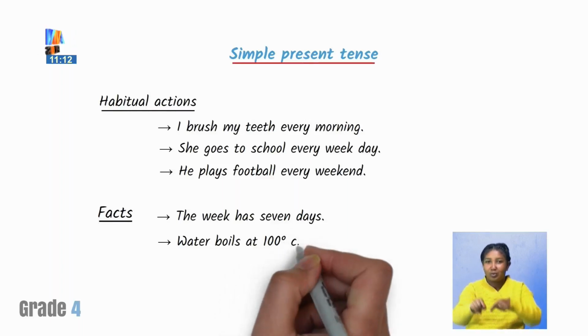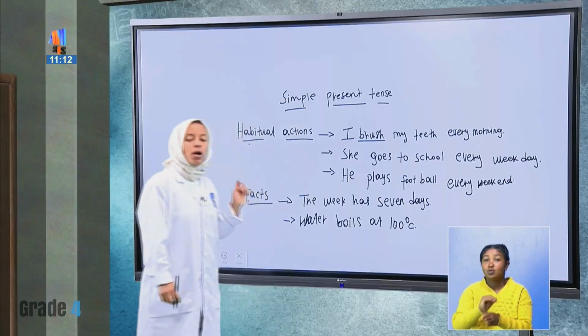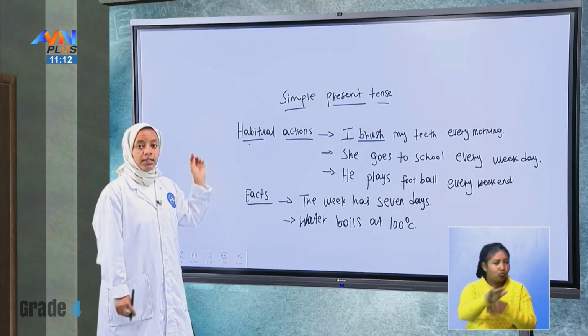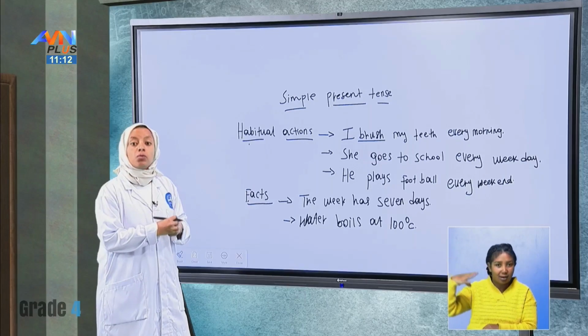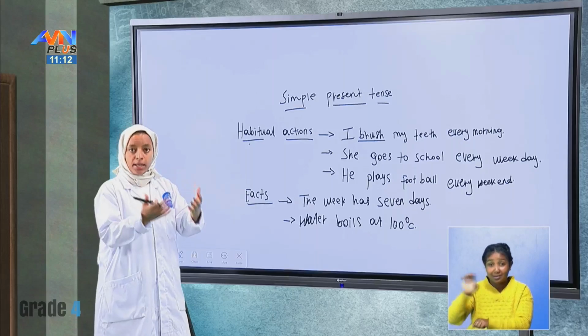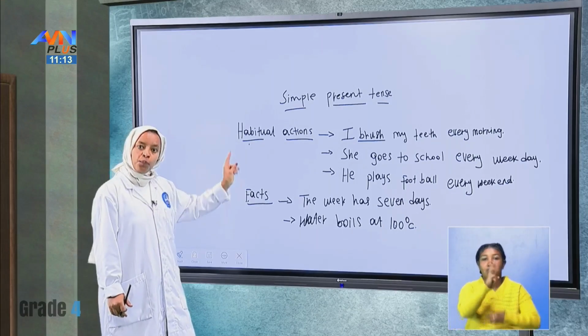Water boils at 100 degrees Celsius. This is also what? The fact. And also we can say the sun rises from where? In the east. That's the example of also facts and universal truths.